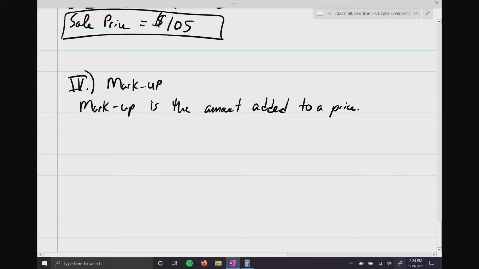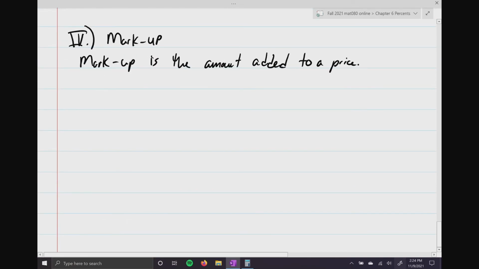Very complicated process. So the amount of markup, a lot of formulas here, but they're pretty much all the same. Amount of markup is equal to the markup rate times the wholesale price.